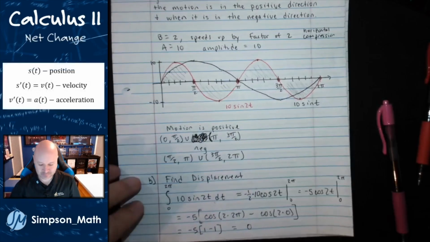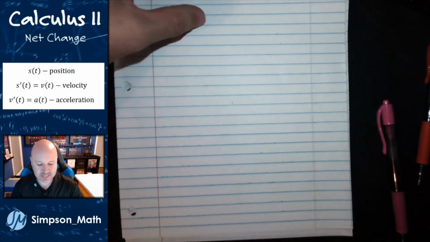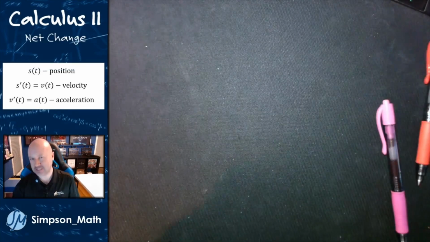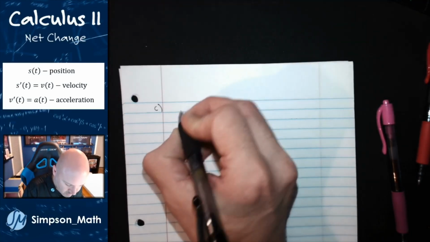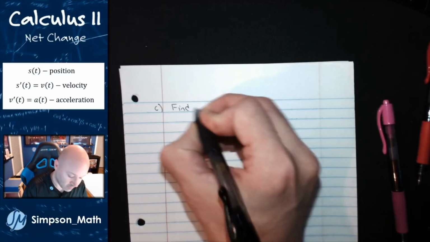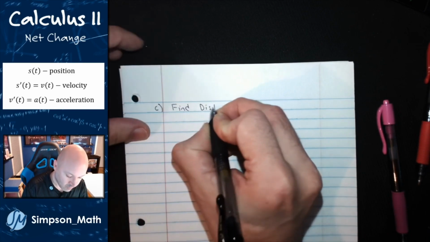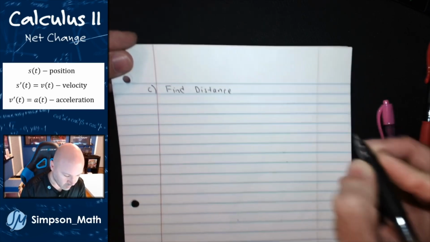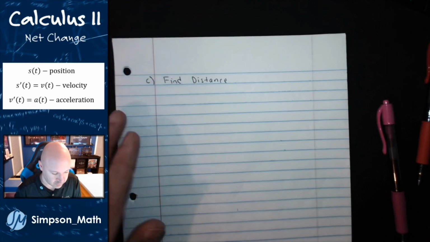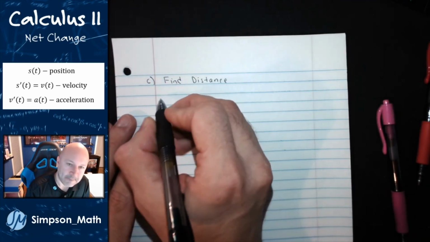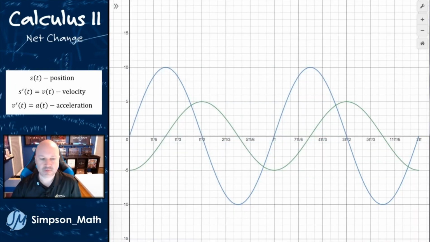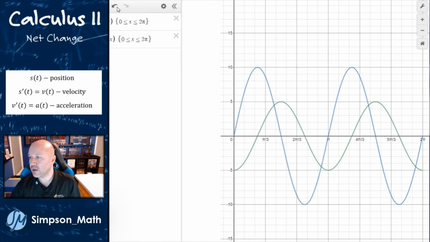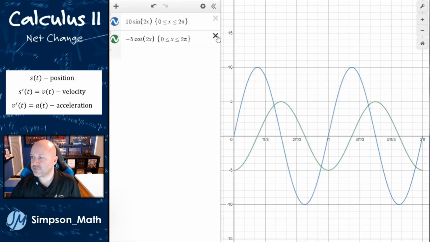So the way we do that, I'll do a part C and I'll say, well, what was the total distance traveled? Well, if I look at the velocity function, so let me get rid of the position function.